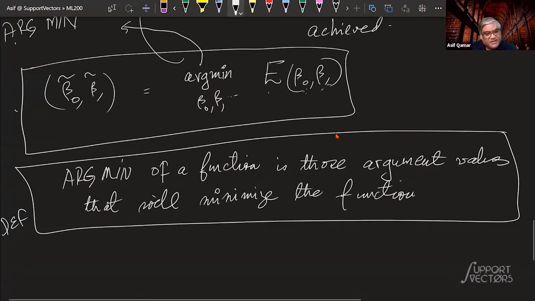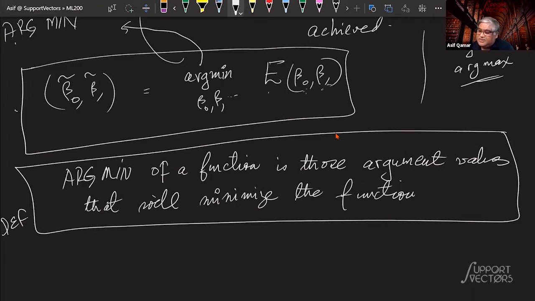Likewise, you can define the argmax. If you want to maximize something, the counterpart term would be argmax. Argmax would be those values of the argument that will maximize the function. So words like argmin, argmax are pretty common in this literature. These words keep occurring in the ML literature.